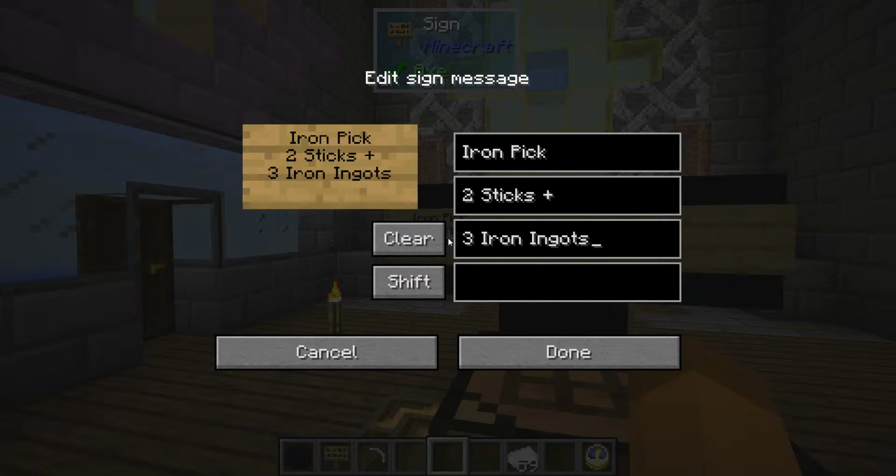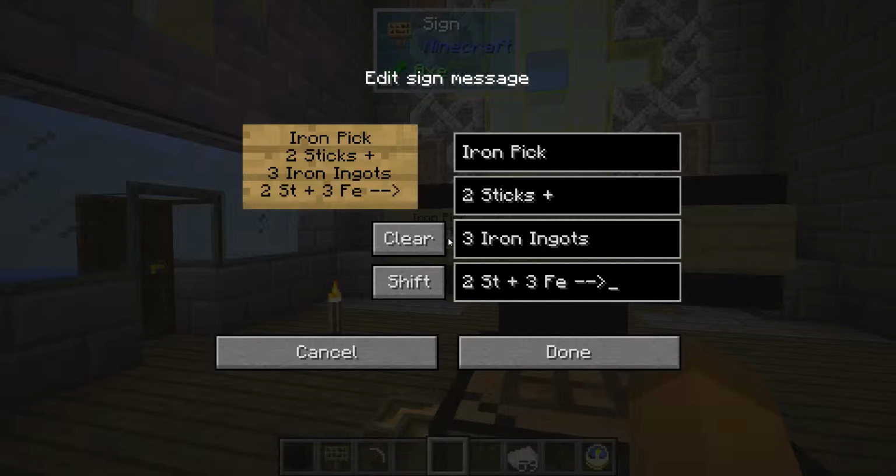And if we were being really clever, we might write something like 2 sticks plus 3 iron makes pick. I don't have enough space there to write it all out, but you get the idea. 2 sticks plus 3 iron makes an iron pick.